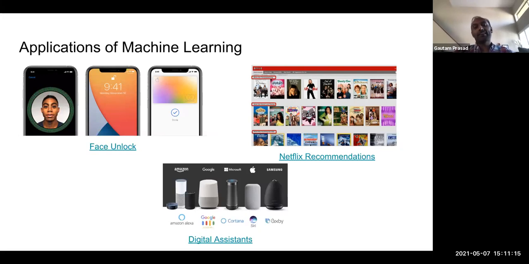And then another really ubiquitous part of people's lives these days is having these digital assistants, whether that be like Amazon, Google, or Apple assistants on your devices, where you can just say a hot word and they will talk to you and answer questions. And the idea is that they're always listening for that hot word.